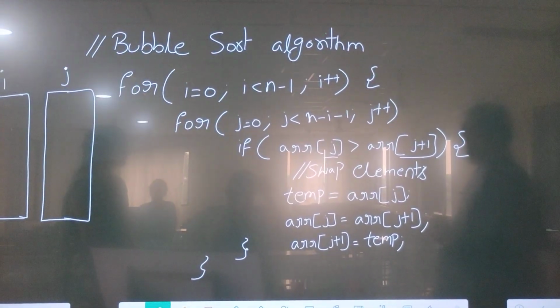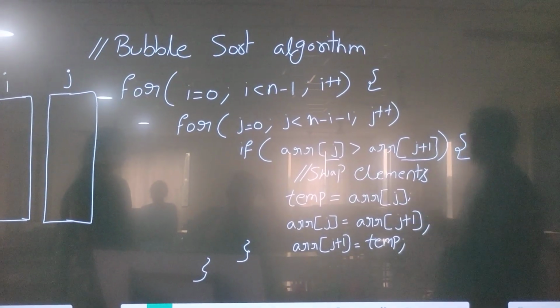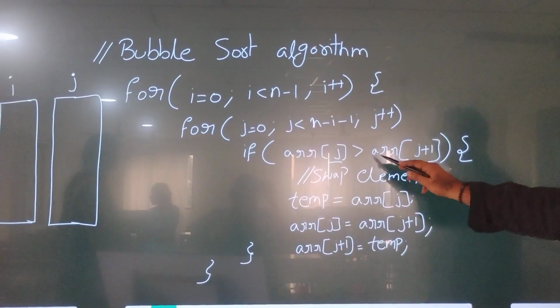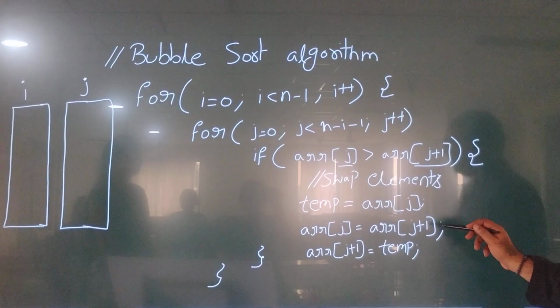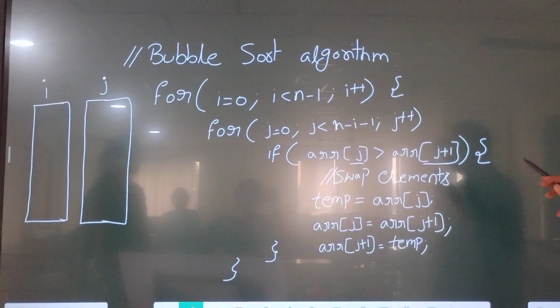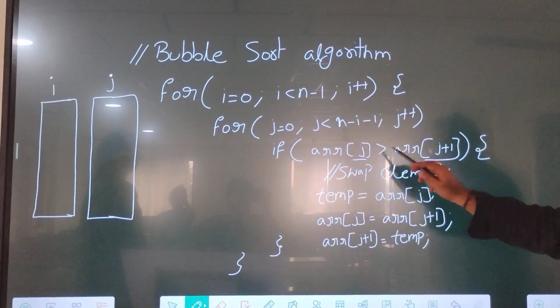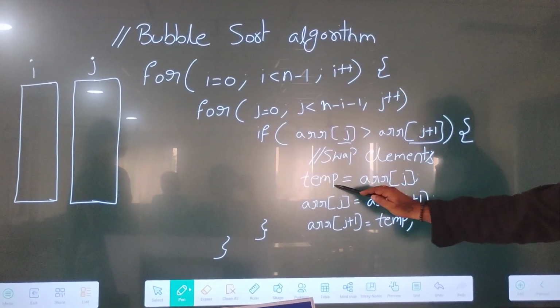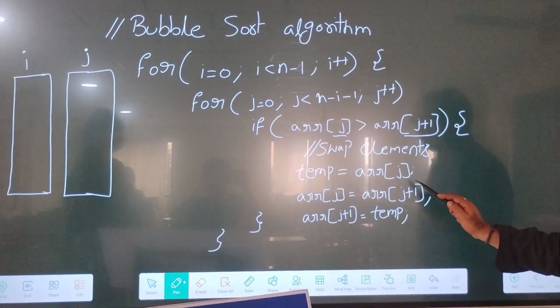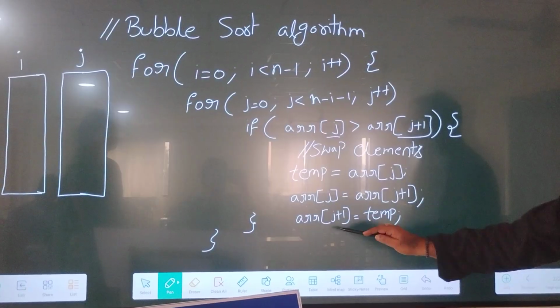If arr of j is greater than arr of j plus 1, swap the elements. We use a temporary variable: temp equals arr of j, arr of j equals arr of j plus 1, arr of j plus 1 equals temp.